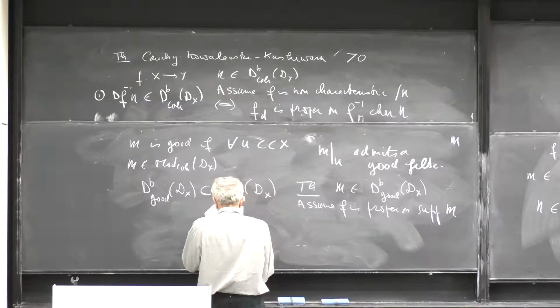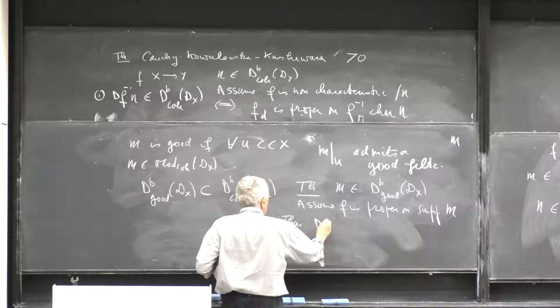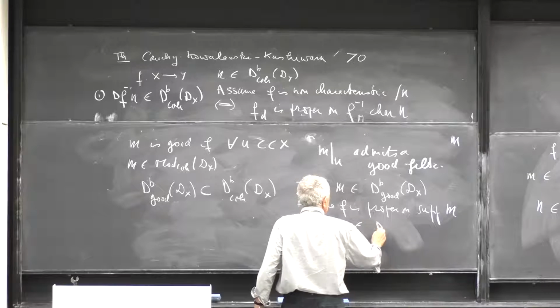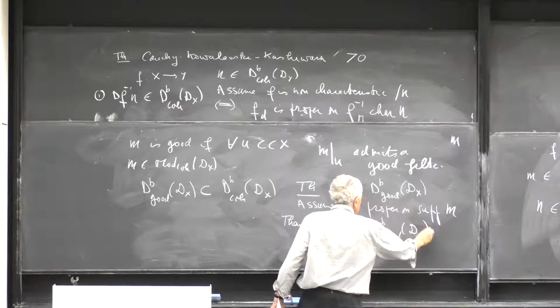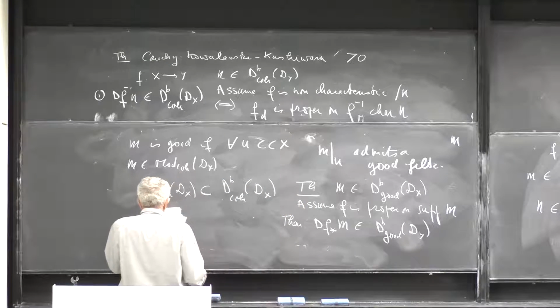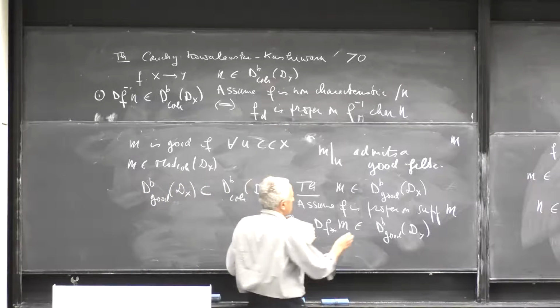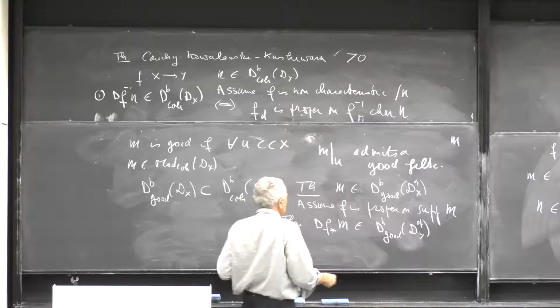Then what can we say? Then the direct image of M as a D-module is good on Y. In particular, it is coherent. And again, it commutes with the de Rham, or maybe I will take right modules, but you can translate to left.